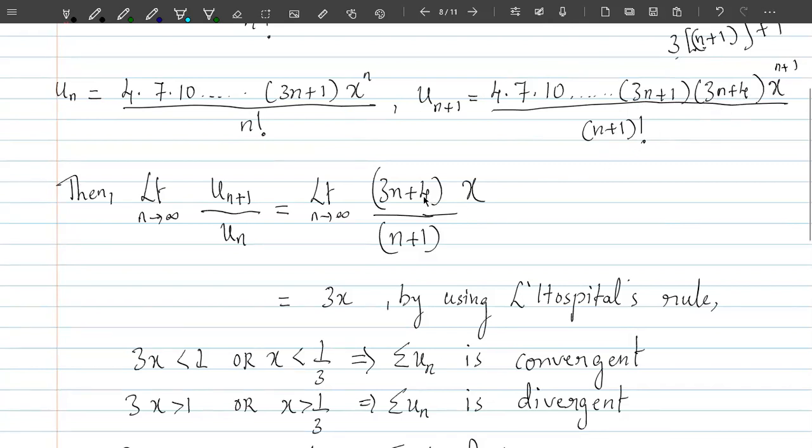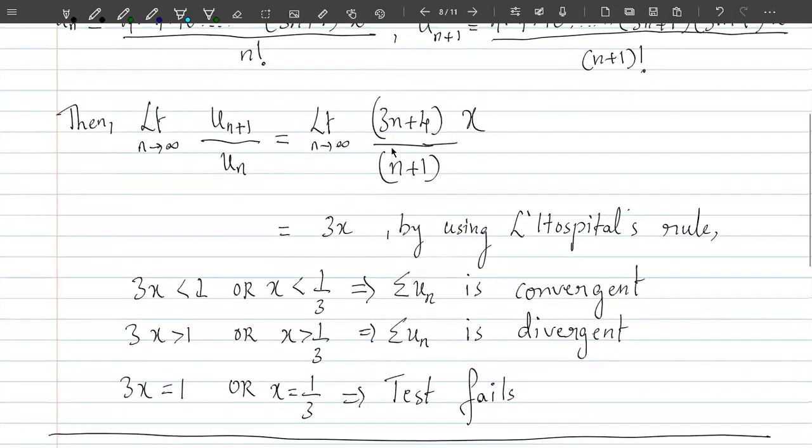I have written that here. Then you have x power n plus 1, which can be cancelled using x power n. So I get x. Then I have n plus 1 factorial, which will be divided by n factorial. But n plus 1 factorial is equal to n plus 1 into n factorial. So using that n factorial, I can cancel this n factorial. So I get n plus 1.